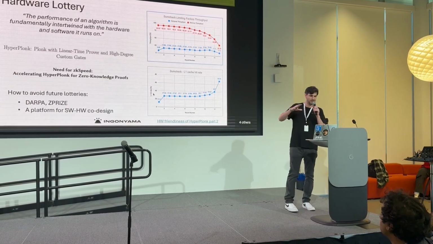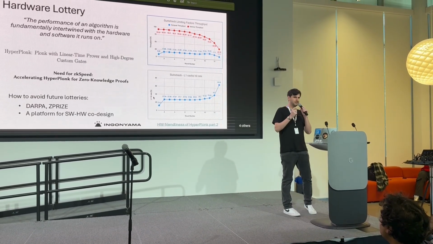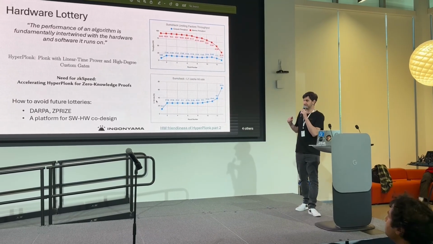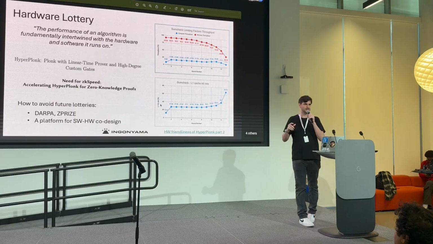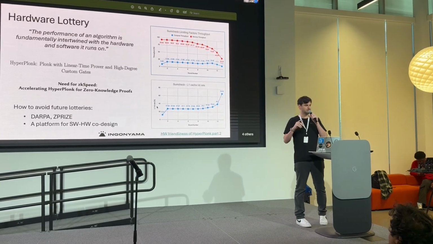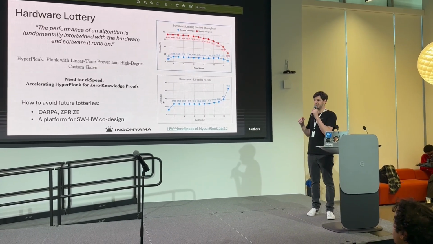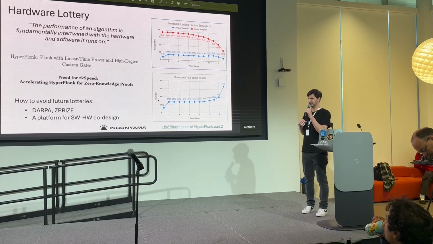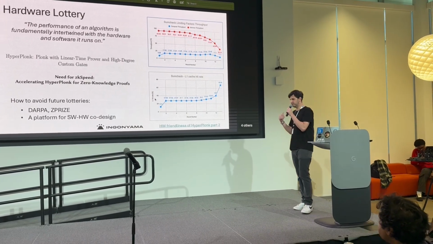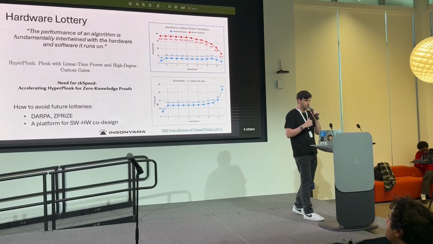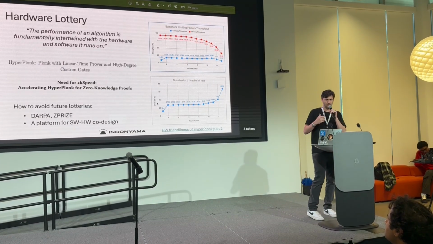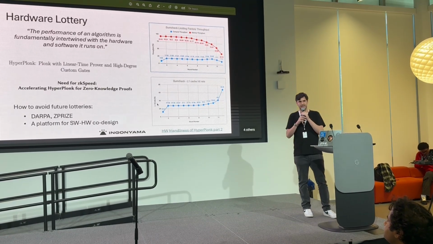One thing that they introduced is replacing NTTs with sum checks, right? And the problem is that NTT is something that is well studied in terms of hardware. But sum check, we are not really familiar with it, at least not when this paper came out. And as you can see on the right, when you look at the properties of how to run sum check in hardware, it's not really efficient.